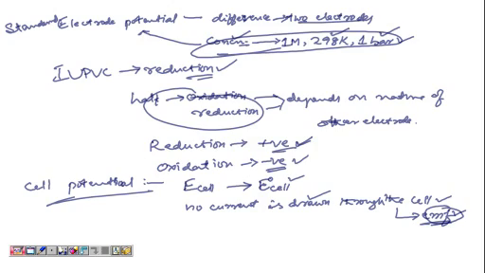Now we shall see the electrochemical conventions. While writing the electrochemical cell, we follow the following conventions. The first one is the interface between a solid and a liquid, that is, the electrode and electrolyte interface.